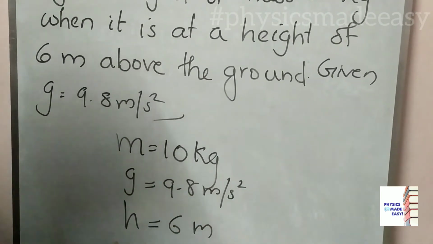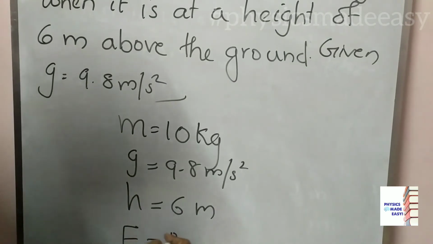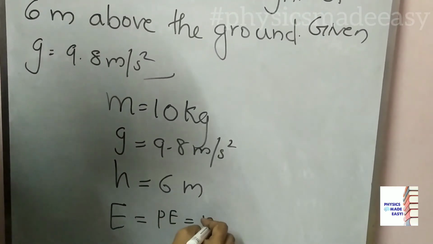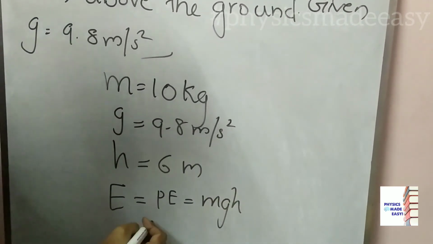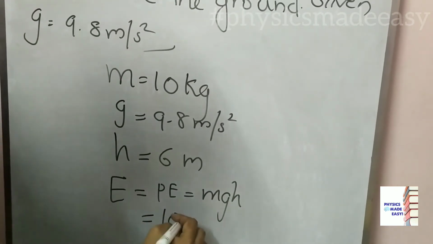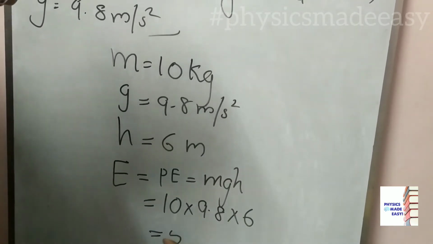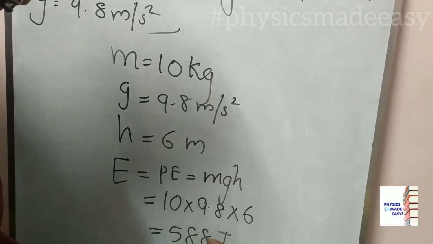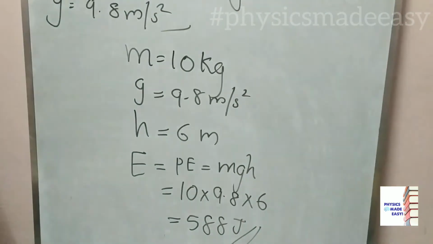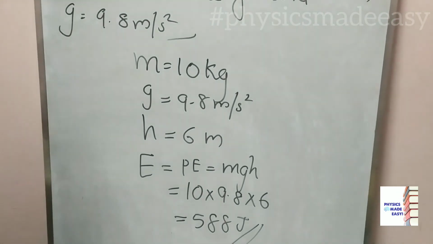So what is the energy? Energy means here it is potential energy, that is equal to mgh is equal to 10 into 9.8 into 6, that is equal to 588 joule. That is the energy possessed by that object.